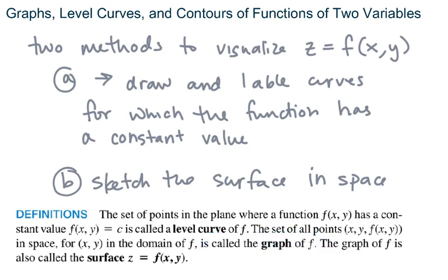And the set of all points x, y, and this constant value c in space is going to give us x y ordered pairs. So we'll be able to create a line or a curve or maybe a circle or a parabola. So looking at how all of those graphs change as this constant differs is going to help us develop this surface z being a function f of x and y.